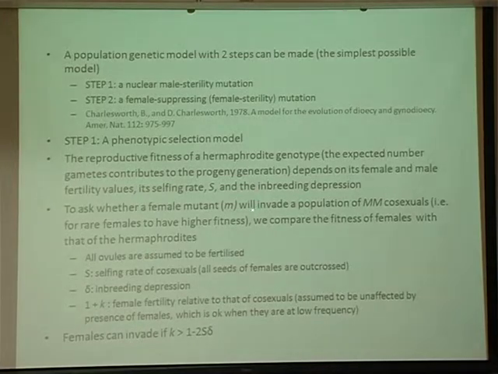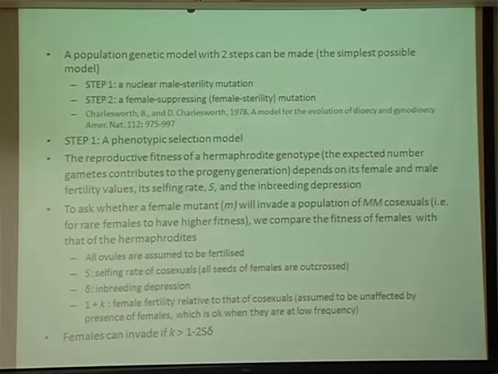We're going to assume that we have a recessive male sterility mutation simply because that's the commonest type of male sterility mutation observed, and it's technically easy for the population genetics to work these things out when you have complete dominance, and we can use the phenotypic selection approach. We're going to assume, like I had in some of the models yesterday, that all ovules can be fertilized.